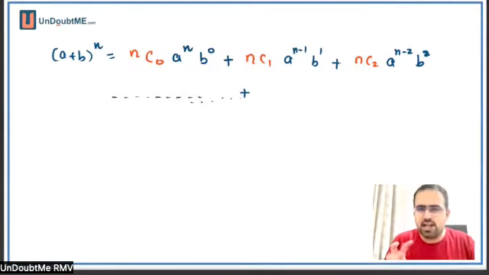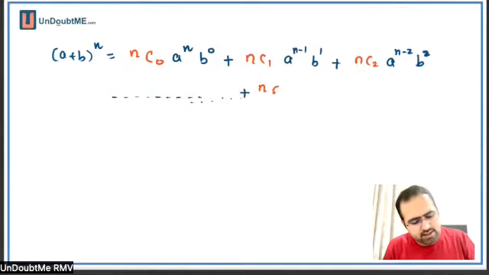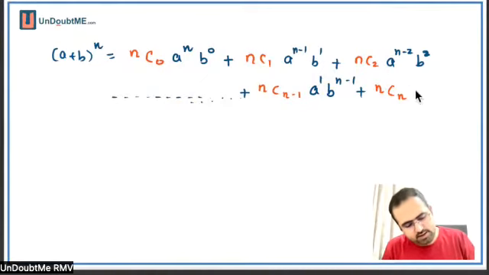I will be writing the last 2 terms. Usually you will see only the last term, but just for your better understanding, I'll write the last 2 terms. So it will be nC(n minus 1), a to the power 1, b to the power n minus 1, and the last term will be nCn, a to the power 0, b to the power n.